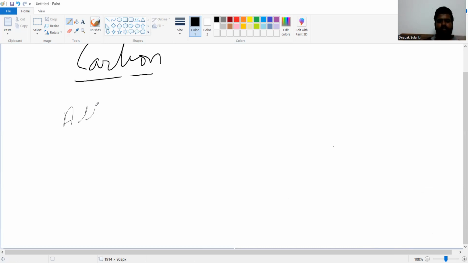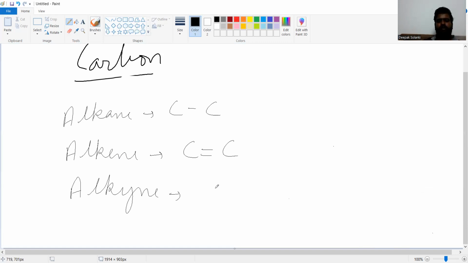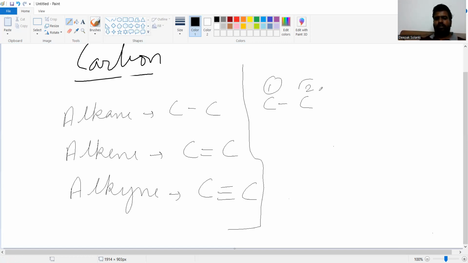So alkane: two carbons bonded with a single bond. Alkene: two carbons bonded with a double bond. Alkyne: two carbons bonded with a triple bond. This is the basic of nomenclature. So in the case of two carbons, 1 and 2, how will we name it? The prefix will be eth.